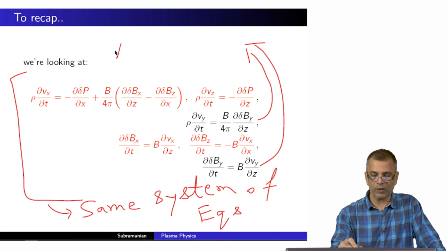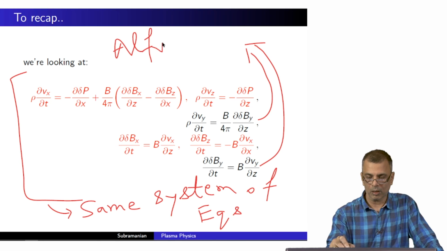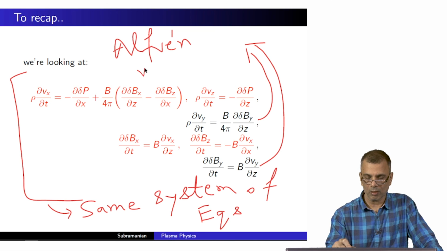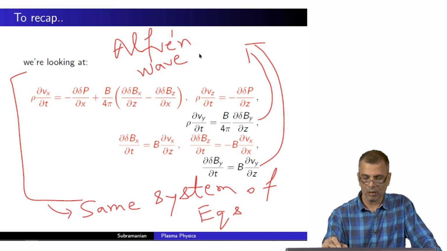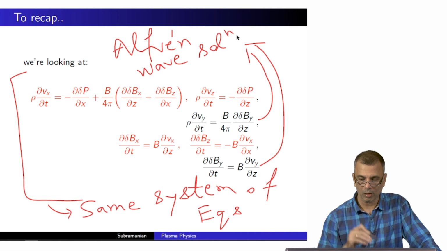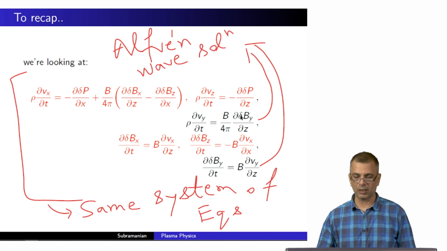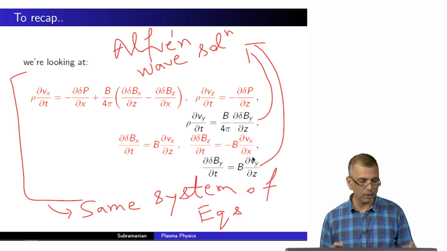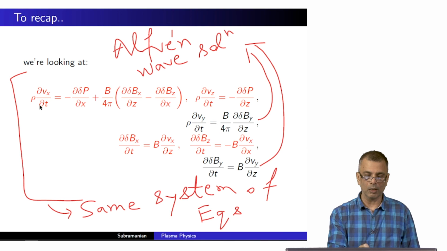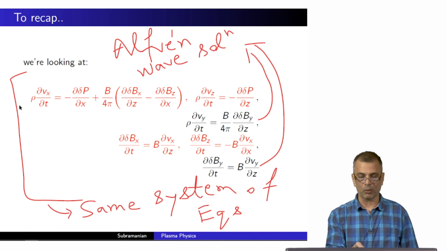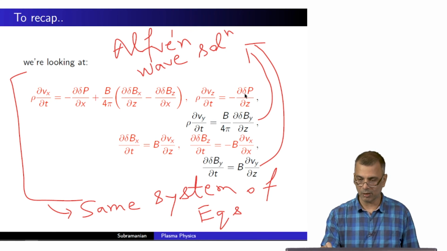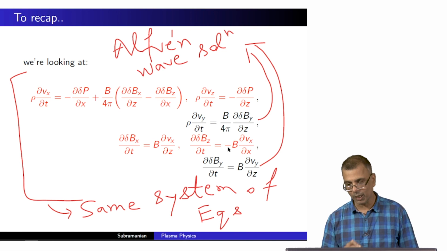These two equations together gave the Alfvén wave solution. Now what we are going to do is look at the remaining equations, which are this, this, this, and this.